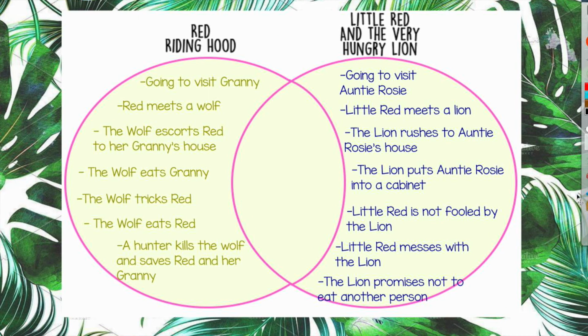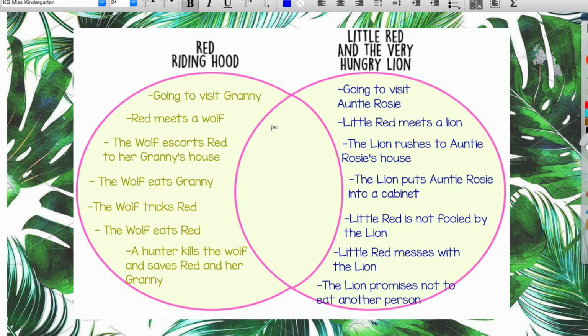Awesome job, guys. We were able to spot out all of the differences that we saw in Red Riding Hood and Little Red and the Very Hungry Lion. Now, our work is not finished. Now we have to talk about how the two stories are similar. In both stories, the two young girls are both visiting someone who is sick.